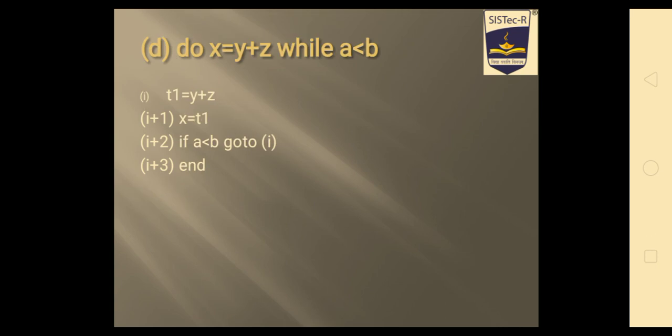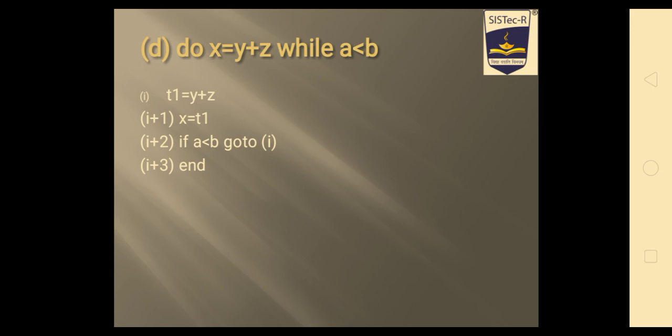Next one is the do: x equals y plus z while a less than b. So this is just a do-while loop in which you have to perform first and then you can check the condition. So let's start with I. Here you have to write the three-address code first. So T1 equals y plus z.